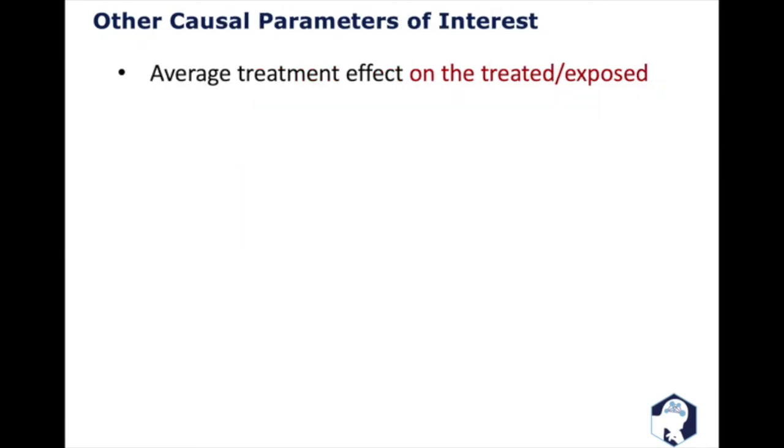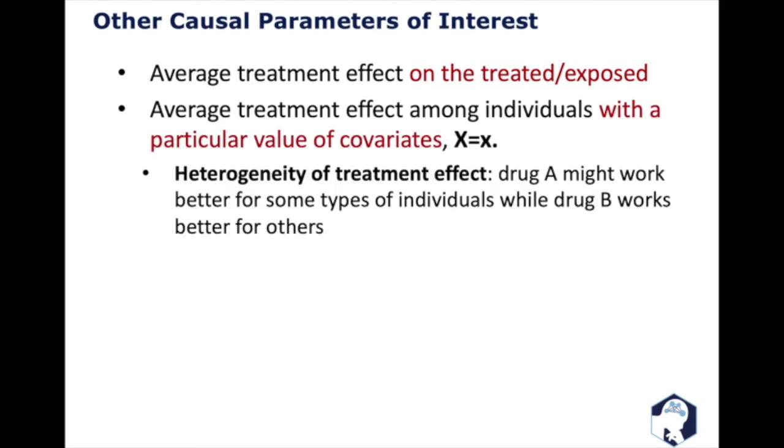I wanted to briefly mention some other causal parameters of interest. We've mainly focused on the average causal effect, but sometimes you might be interested in estimating the average treatment effect on the treated. So that subpopulation that is defined by those who tend to get treatment, you can estimate an average causal effect for that population. We might be interested in estimating the average treatment effect amongst individuals that have a particular value of the covariates.